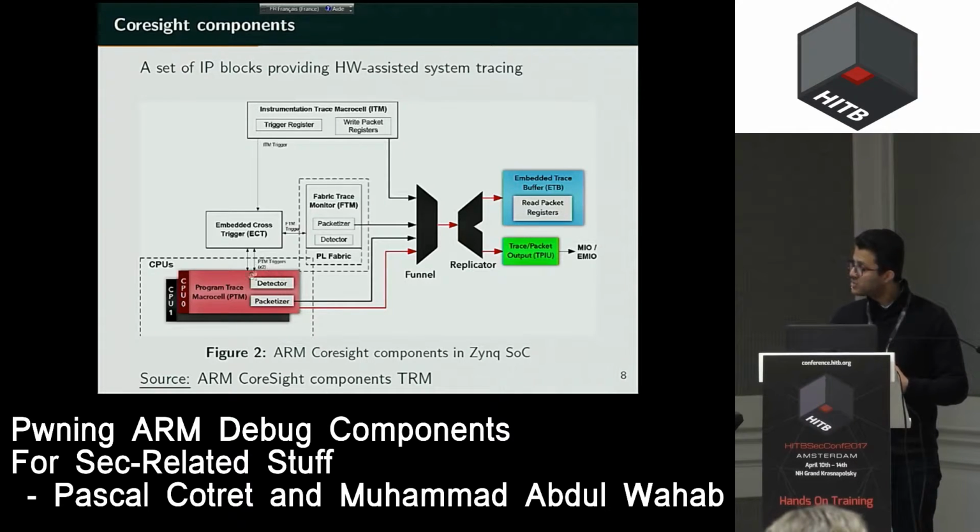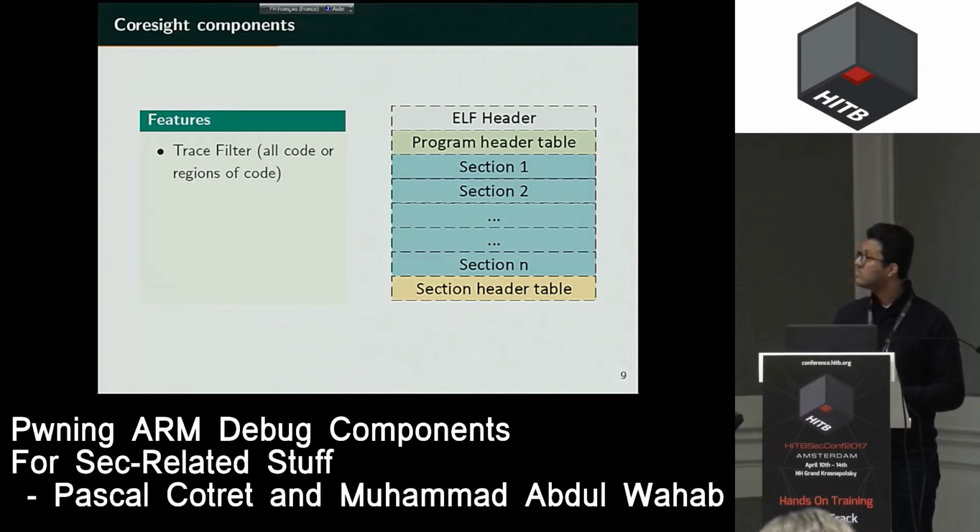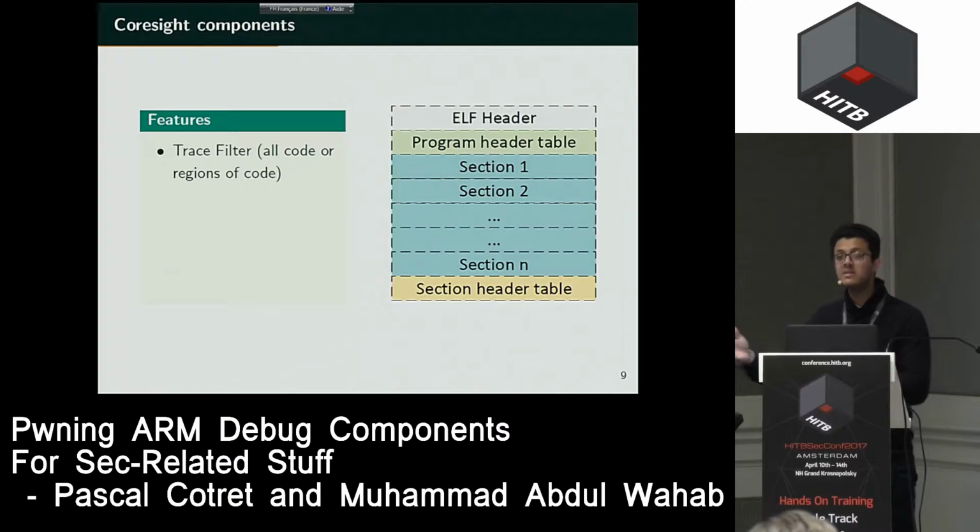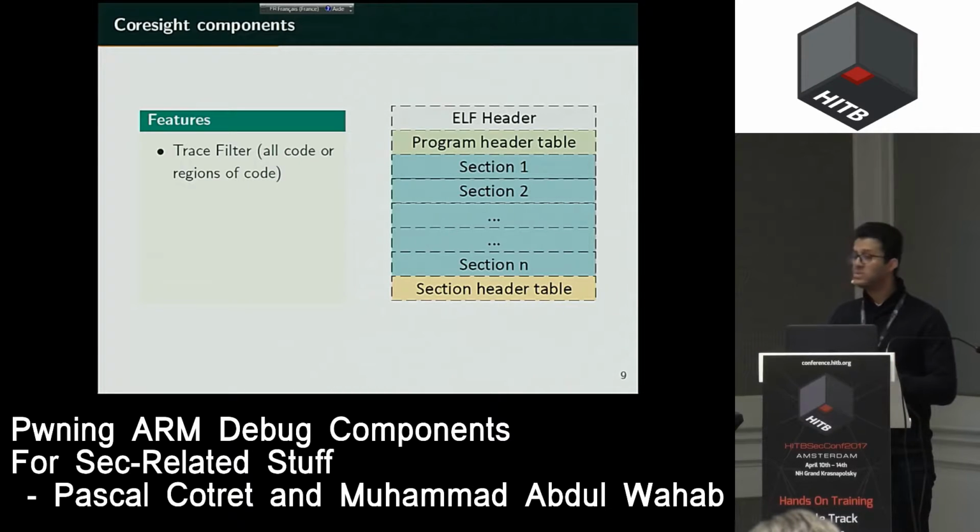Now I'm just going to show you in a little more detail the features provided by these components, how the trace is generated, and how we can configure these components as well. First of all, we can use CoreSight components to trace all code, whether it is in user space or kernel space, or we can trace only a given region, and that is what we are going to do.